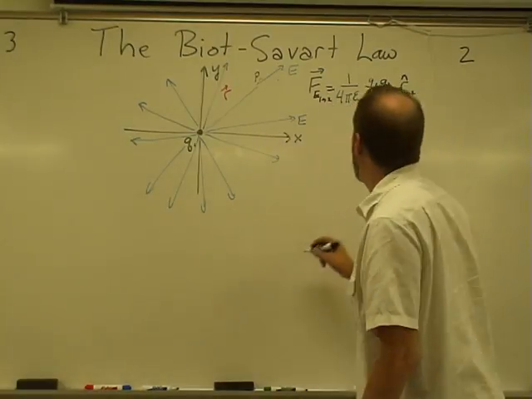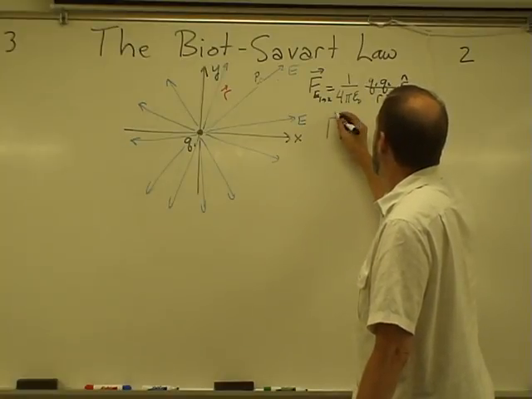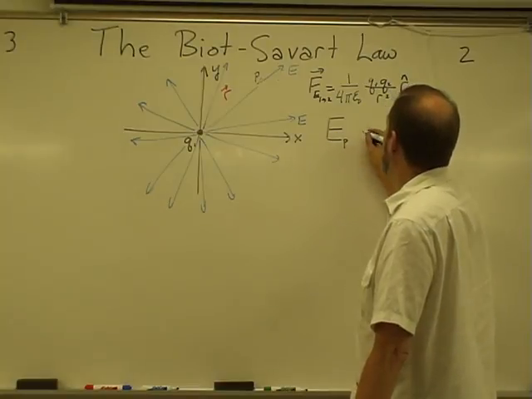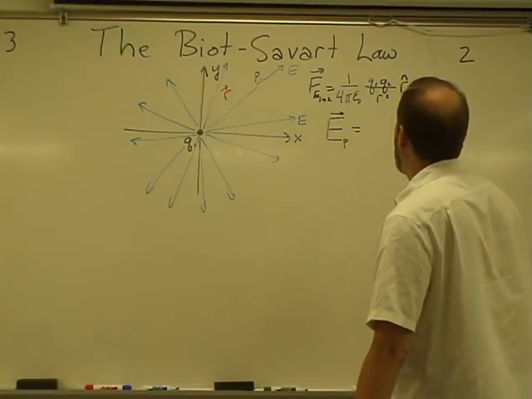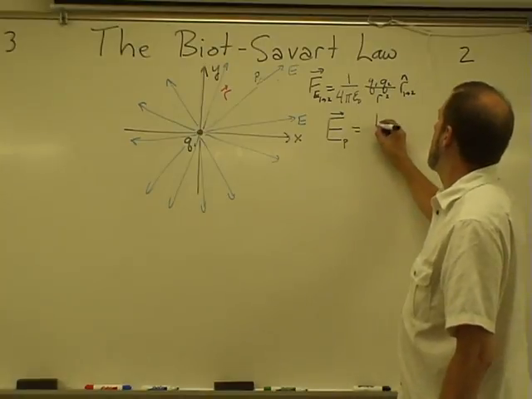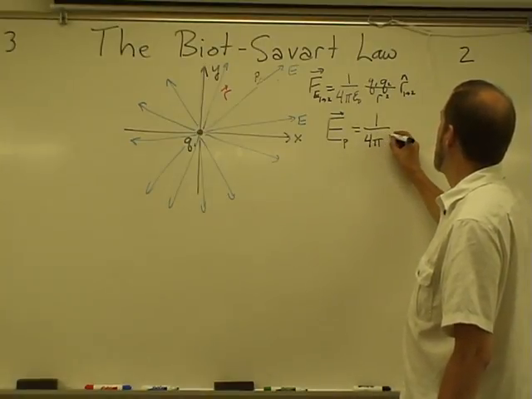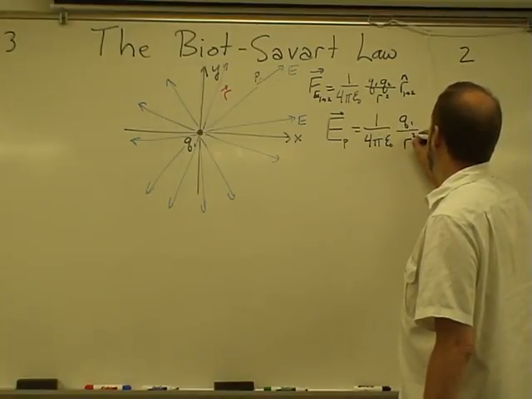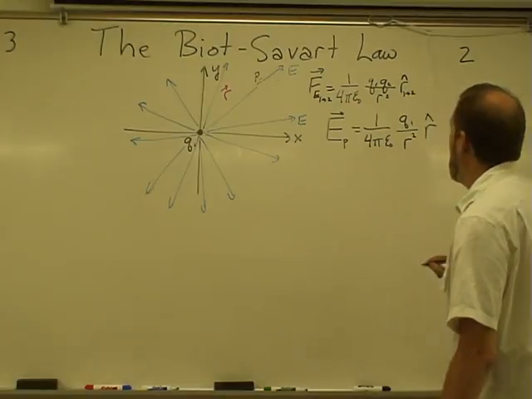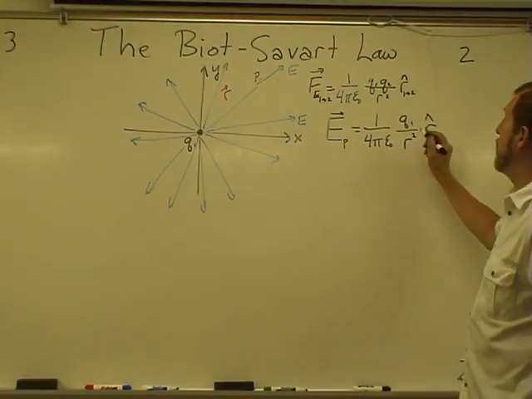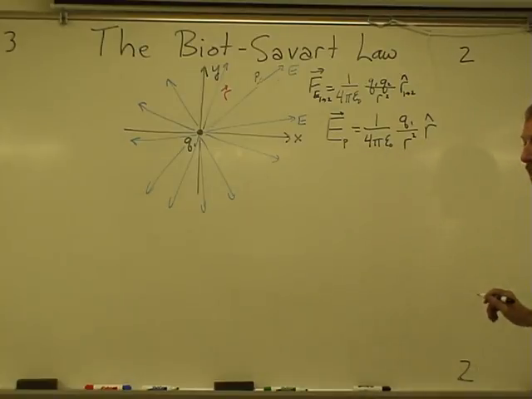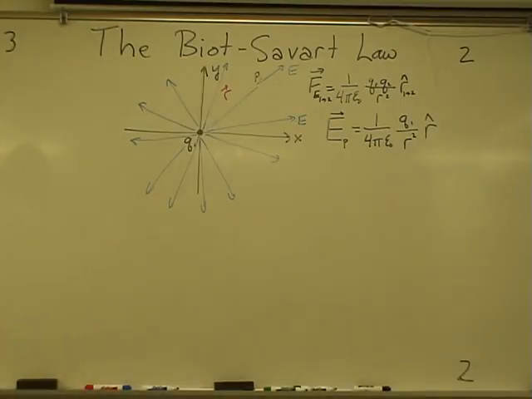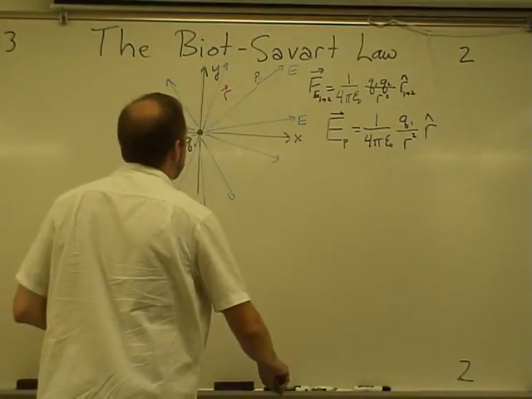And we can define the electric field at point P as being equal to, for a point charge, 1 over 4 pi epsilon naught times Q1 over r squared, and then radially outward from point 1 through point P.